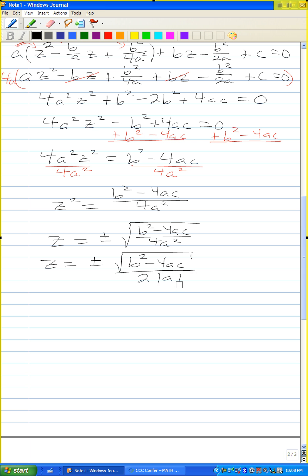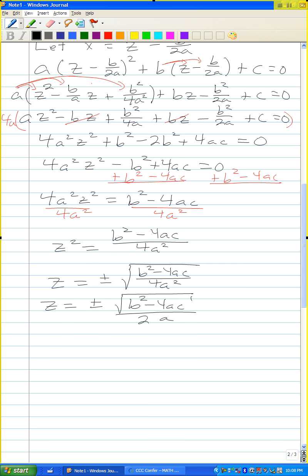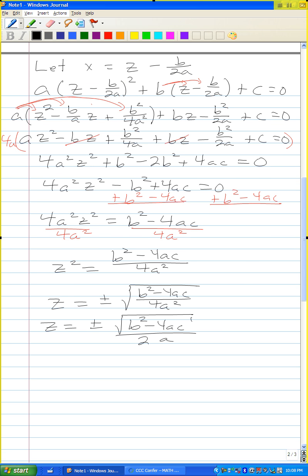Well, I can get rid of the absolute value, but if I do that, then I'm going to either multiply by a positive or negative. Well, I already have a plus or minus, so it's still plus or minus. And so now let's plug z back in.